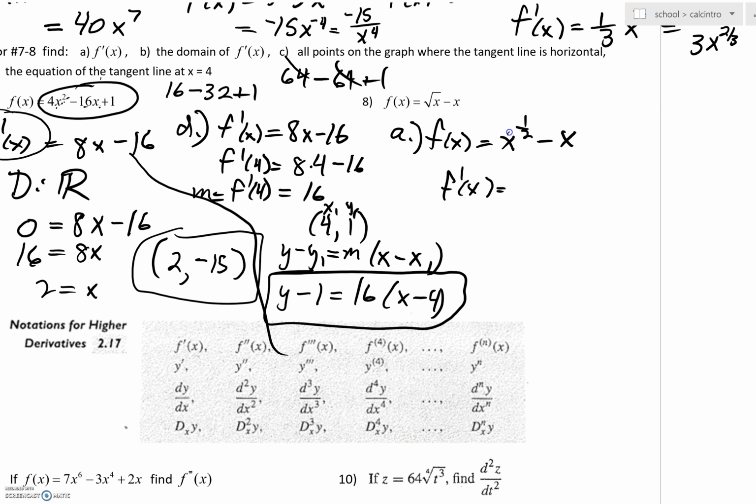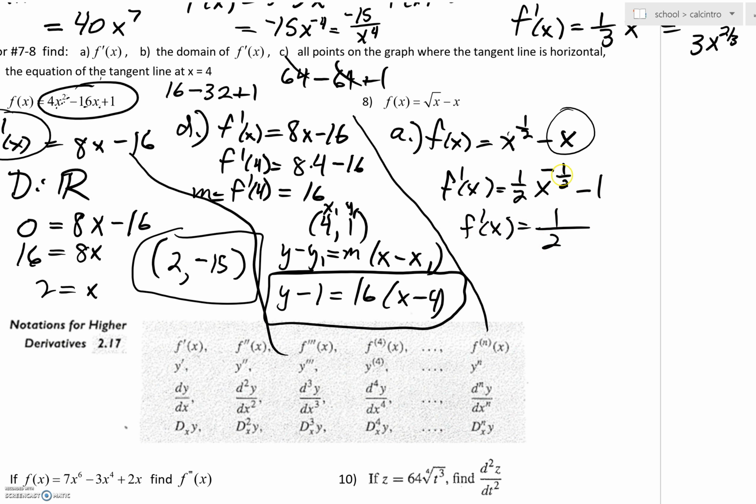What do we get? 1/2 x to the negative 1/2. And what's the derivative of just an x? Minus 1. So, what we've got right here, if you want to write it out, you could bring this x to the 1/2 down, and that's really a radical x, and that's your derivative. That's how you can find a tangent line slope.